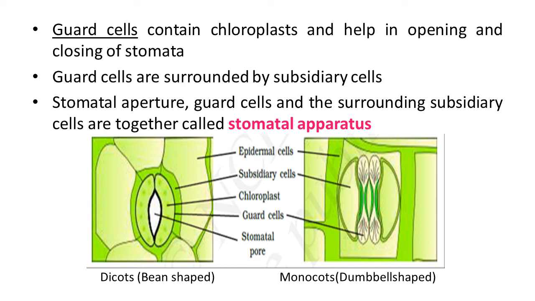And on the outermost side, surrounding the subsidiary cells, epidermal cells are present. So this way, monocot and dicotyledon plants have different kinds of stomata: bean shaped in dicots and dumbbell shaped in monocots.